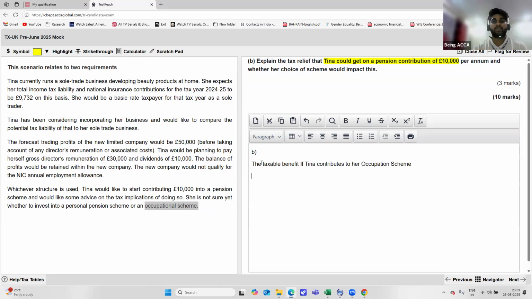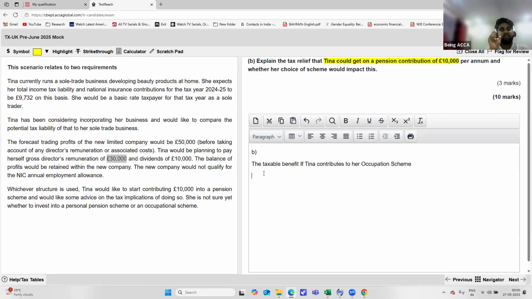Because contribution to an occupational pension scheme is a deductible benefit, her income that was earlier 30,000 would now become 20,000. So if the income reduces by 10,000, that means her taxation will also reduce. Correct? Because her employment income is only 20,000.